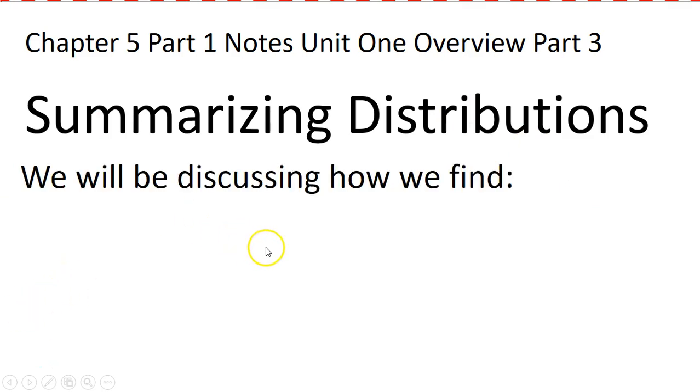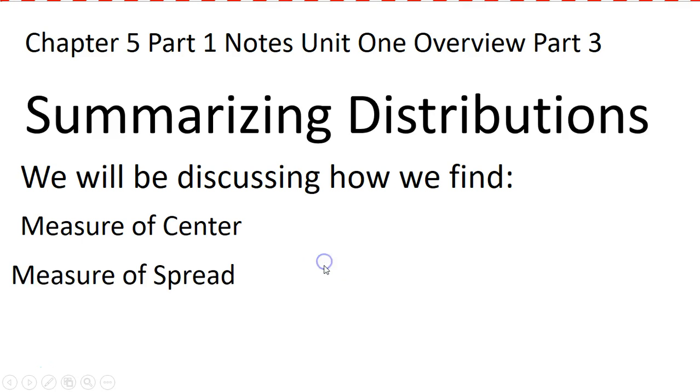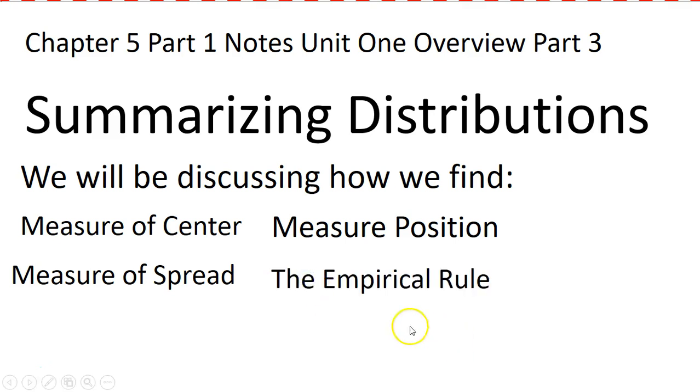And throughout the summarizing distributions that we will be talking about, we will be discussing a measure of center, all right, a measure of spread. We've kind of hit on the center of data and spread of data before, but we're going to hit on it a little more here. Measure of position of items. We're going through the simple background of the empirical rule as well.